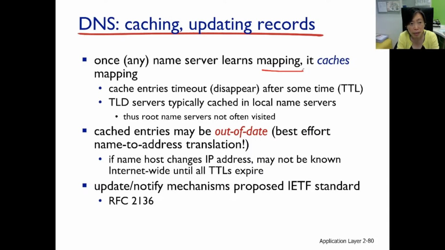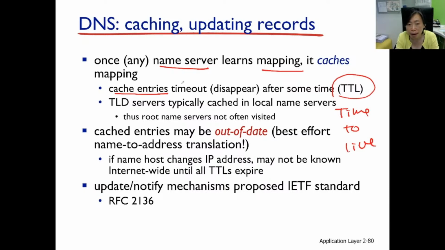Let's go on to DNS caching. Each of these mappings will be stored at the name servers once they acquire them the first time. So these entries will be there on the server's disk for some time. This interval is called the TTL, which stands for time to live. During this time, the entries stay.